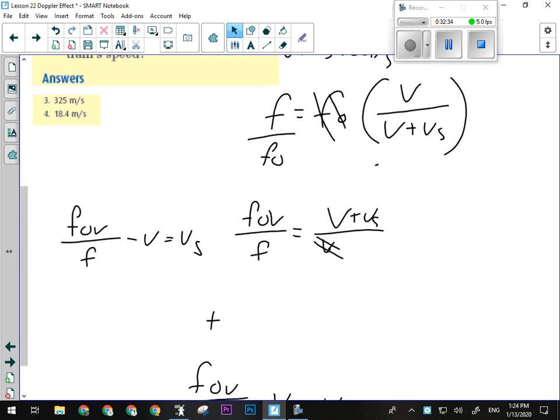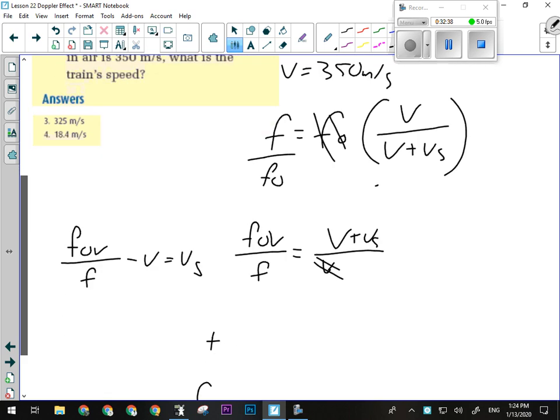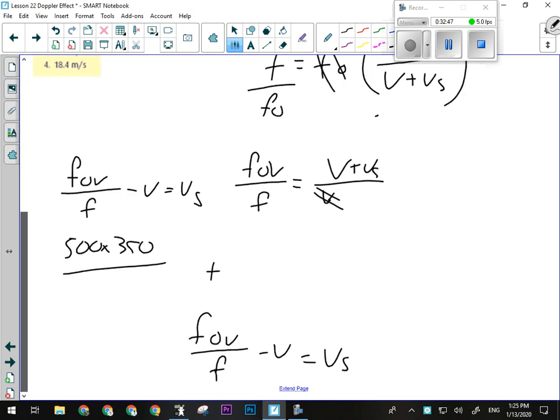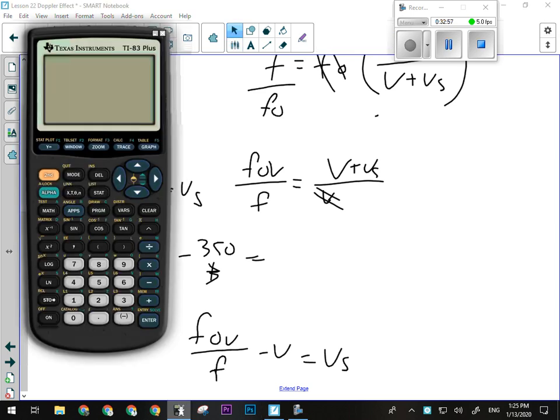So when I plug in my numbers, that'll be 500 times the speed of the waves, 350, divided by 475. Then I'm going to subtract 350, and that'll give me the speed of the vehicle.